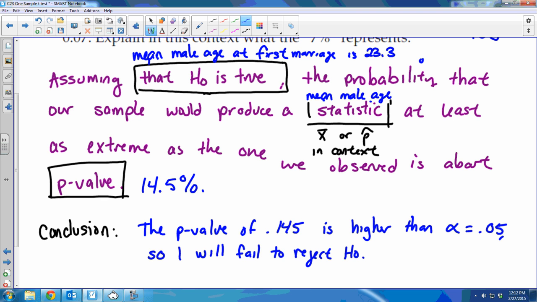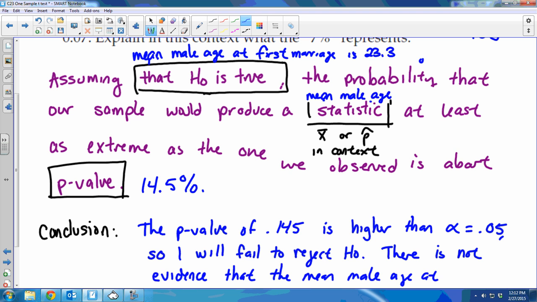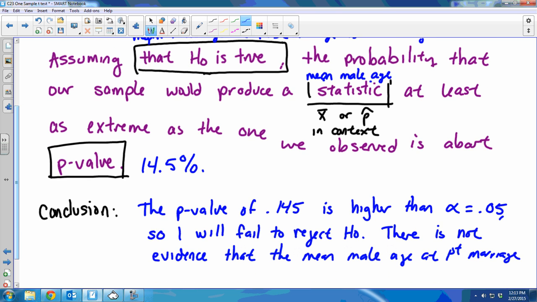But then I need to tell what that means in context. So if I fail to reject H naught, what does that mean? There is not evidence that the mean male age at first marriage is greater than 23.3 years old. Make sure you have all that stuff. It's all important.